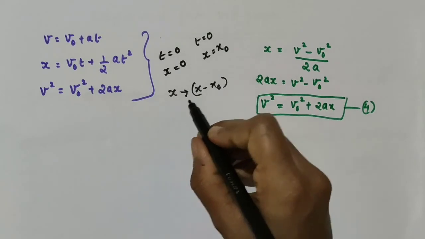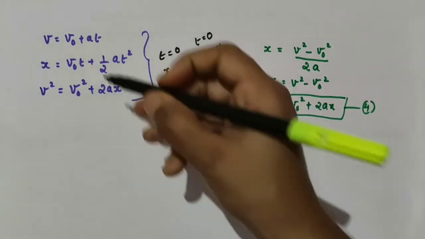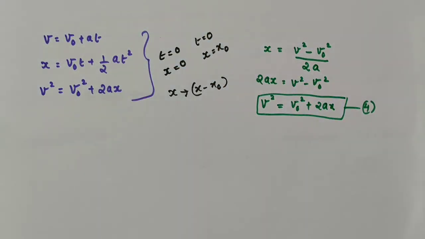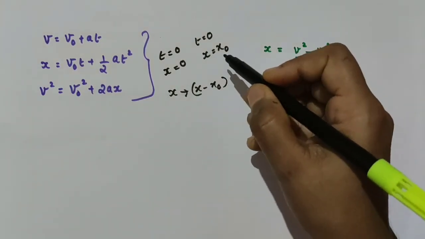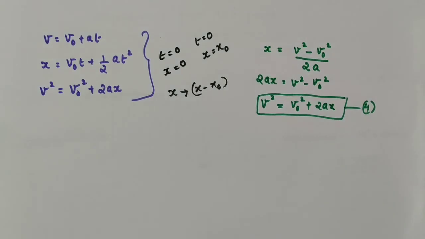So we can modify these three equations when the particle is at a position X0 when T equal to 0. Okay, so we will get the new equations.